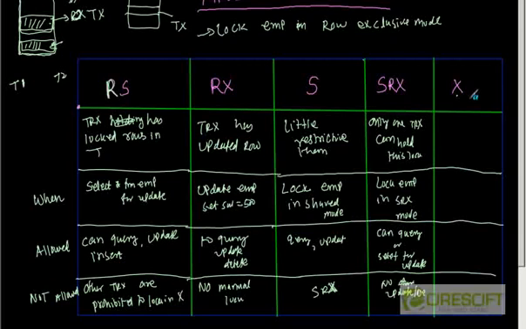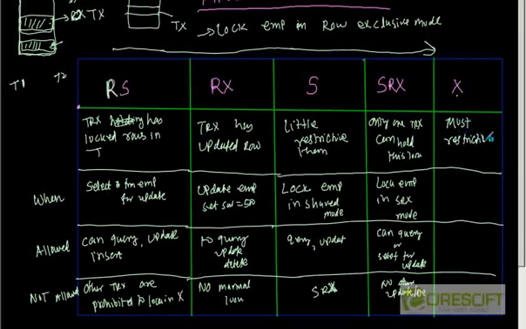The last one is exclusive, and this is the most restrictive. As you go towards the right, you are getting more restrictive locks, and this is the most restrictive lock. You get it whenever you do lock EMP in X mode.